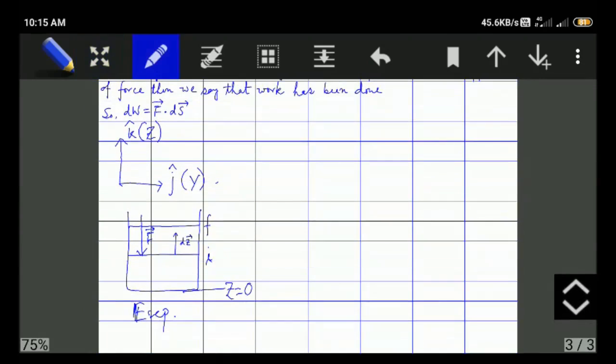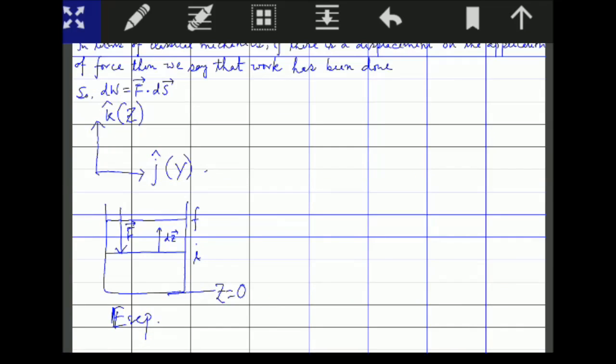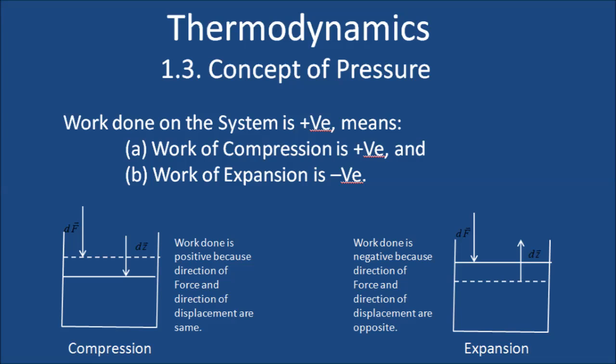Before going to the derivation of the expression of work for a piston, first we should say something on the sign convention of work we use in thermodynamics. Earlier, the sign convention was that the work done by the system was positive and work done on the system was negative.